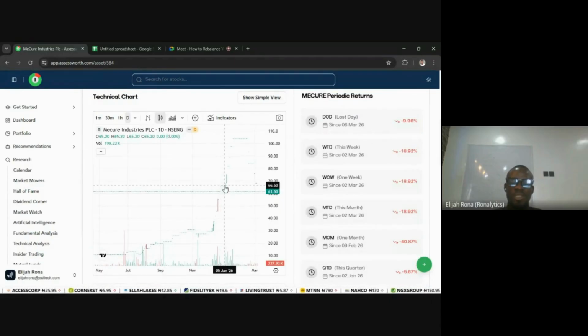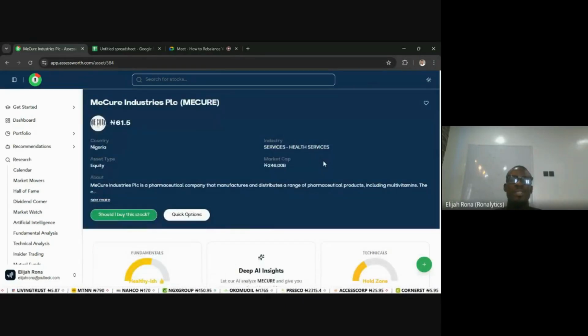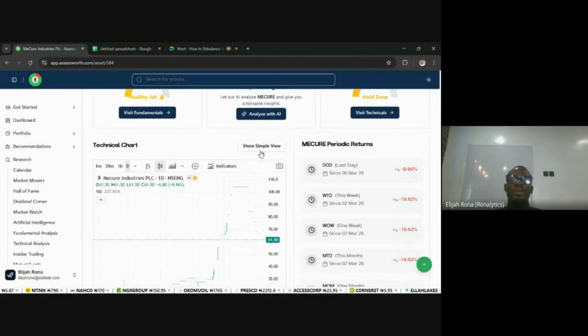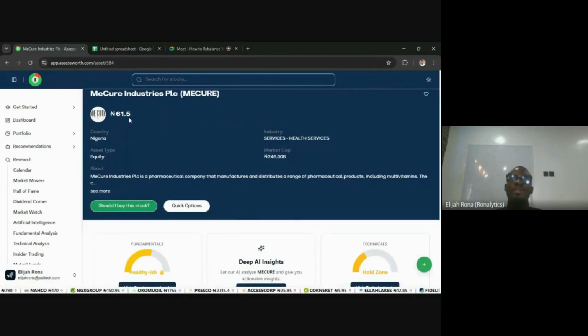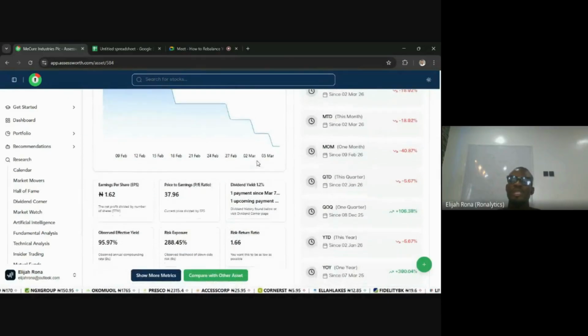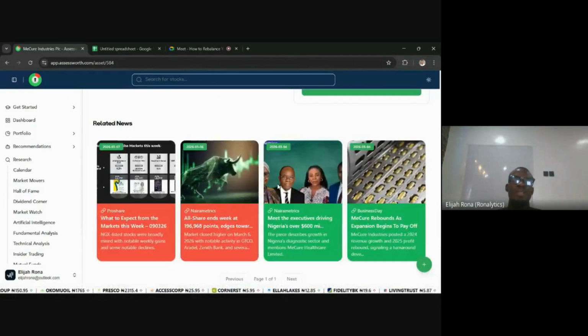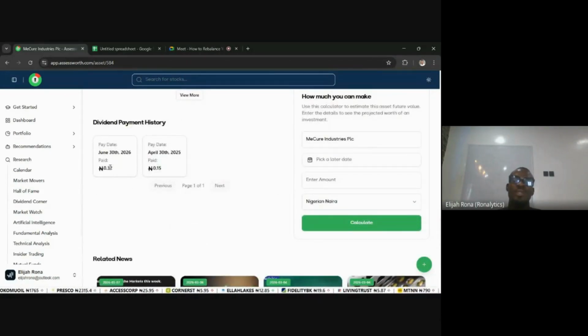See 2026 now. It entered 2026 at a price of 65, then it peaked at around 103. That's where it peaked. Now, what is it? 61. So as you can see, this is a small company, but the dividends that they paid, they announced a 32 kobo dividend.